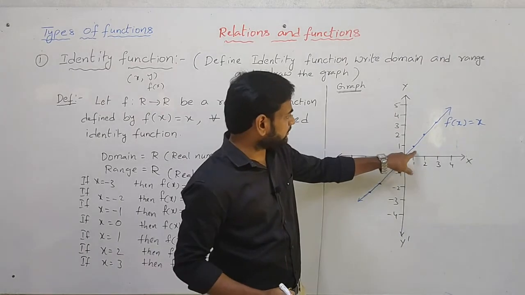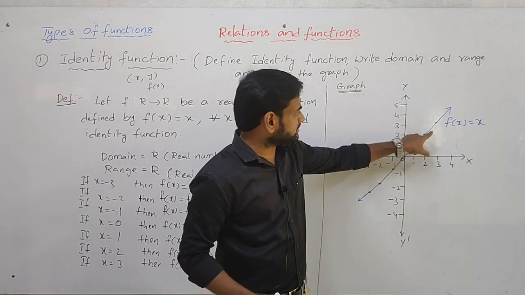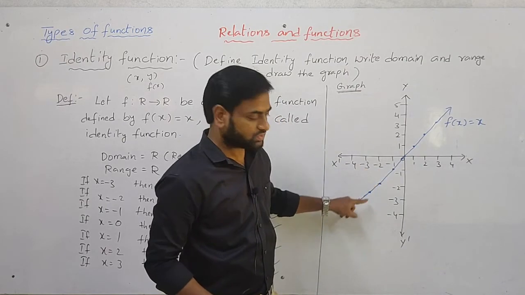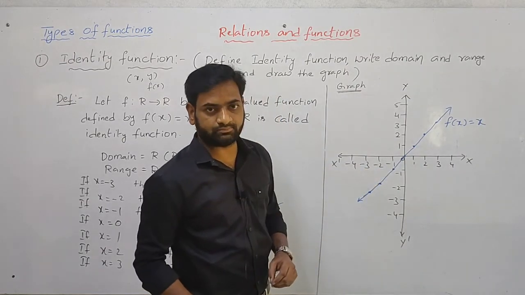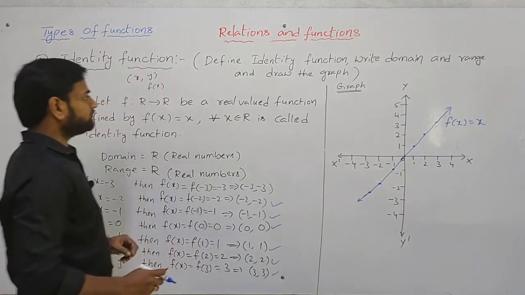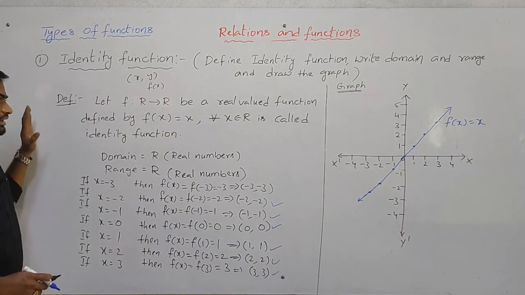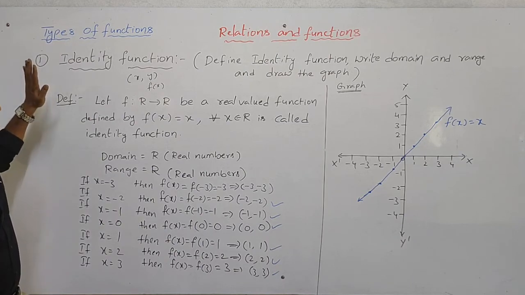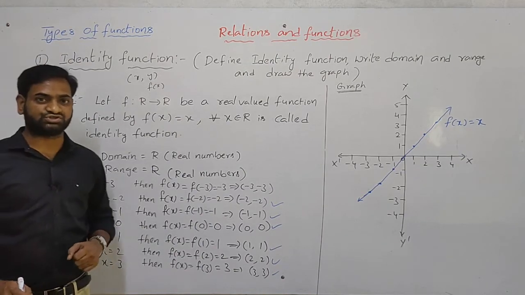So it is 1, 1. Next it is 2, 2, 3, 3, minus 1, minus 1, minus 2, minus 2, minus 3, minus 3. So it is the graph for this one, and it is the 5 marks problem, that is about identity function.